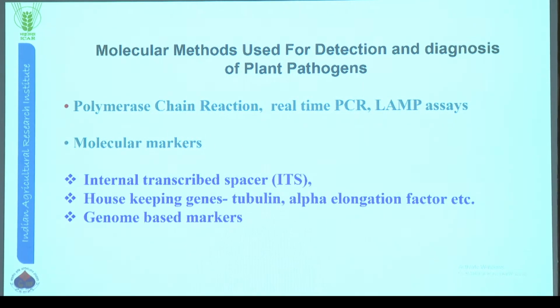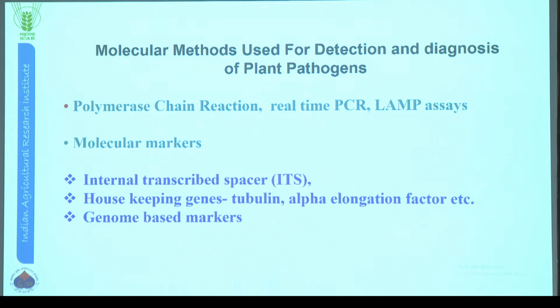You take some part of the ITS gene and compare it to other fungi where that type of sequence is available or not, but you have to make that sequence unique so that it can amplify only that pathogen, not a different pathogen. For example, if we target Tilletia indica, we have to generate a Tilletia indica marker that cannot amplify Fusarium, Alternaria or Puccinia. Then only is it a unique marker.